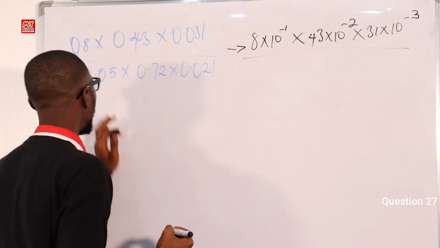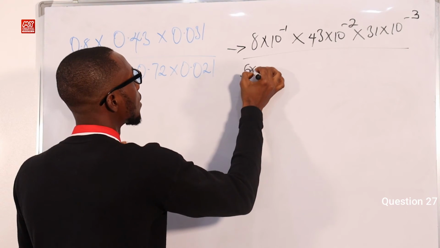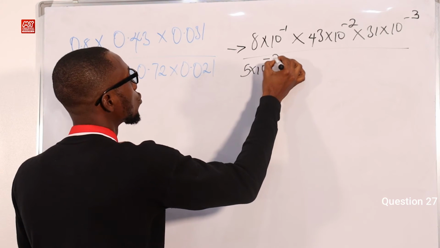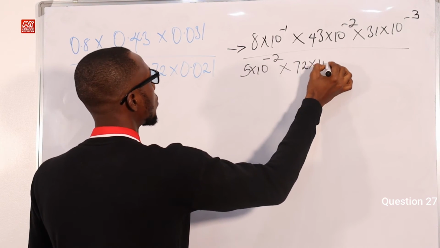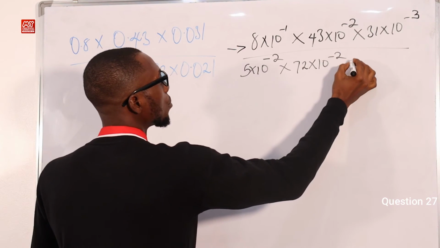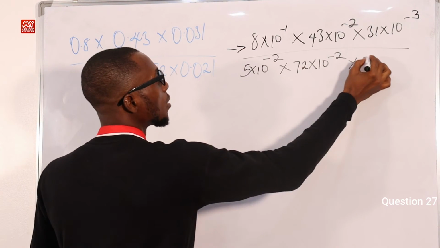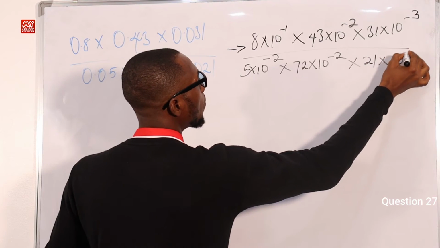Then the denominator would have 5 times 10 raised to the power minus 2, times 72 times 10 raised to the power minus 2, times 21 times 10 raised to the power minus 3.